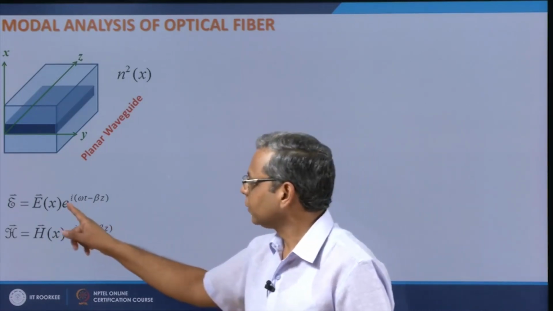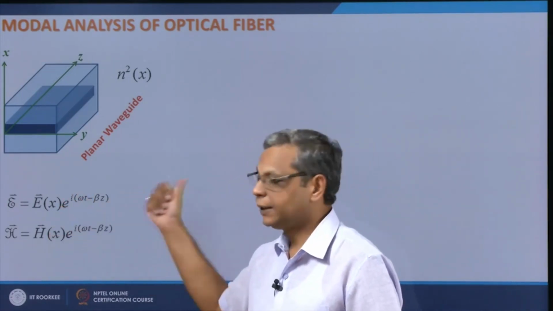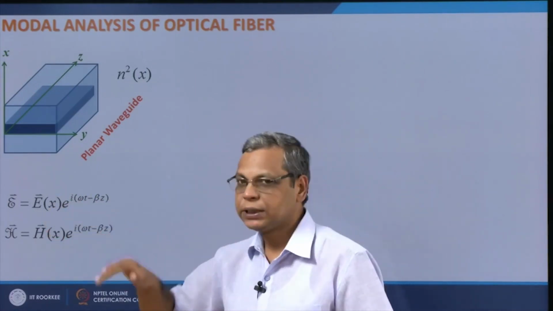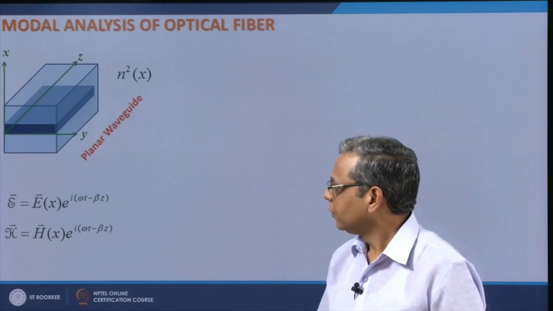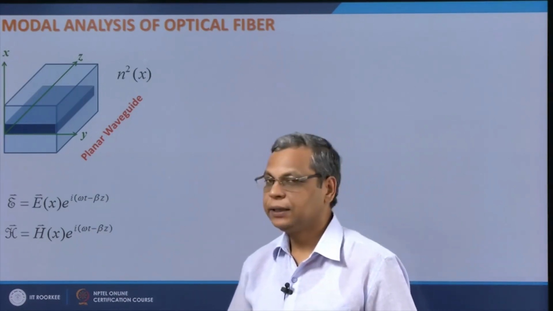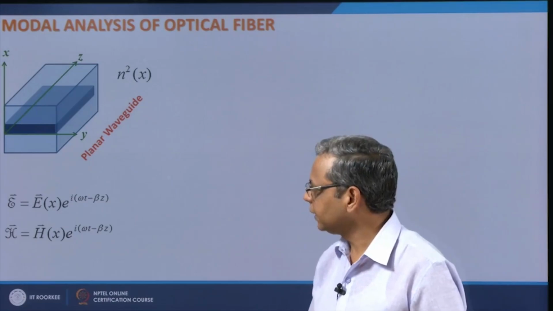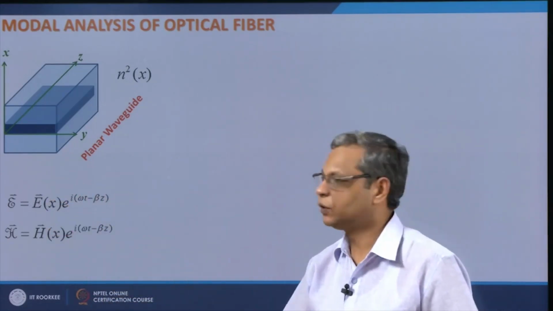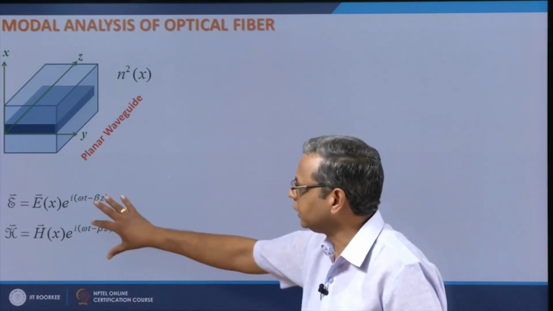So, they are not plane waves propagating in z direction, but we had seen that these are the superposition of two plane waves, one going in plus xz direction and another going in minus xz direction, and that gives us a standing wave pattern in x direction which flows in z direction. So, they are the modes.